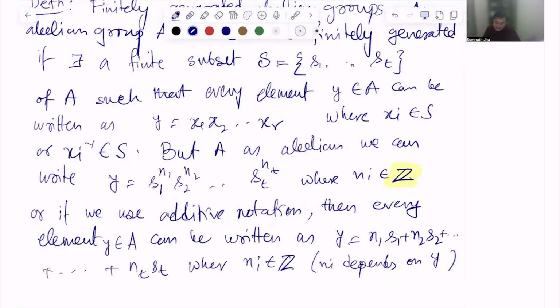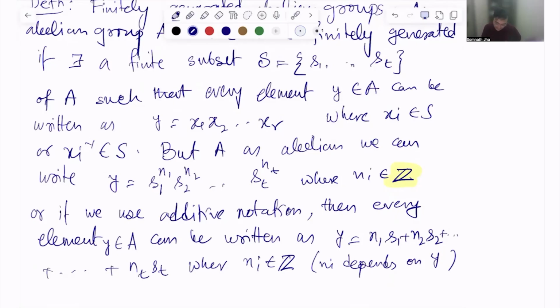So there is a fixed finite set s1, s2, st. Each si is an element of A, such that every element can be written as n1 times s1 plus n2 times s2 plus nt times st, if you use additive notation. This just means s1 composed with itself n1 times, or if it is negative, then it means s inverse composed with itself mod n1 times, like that.